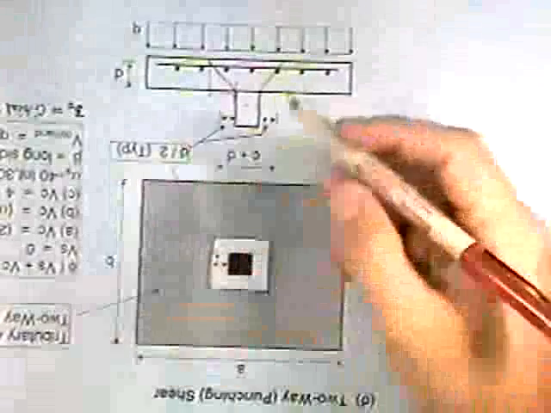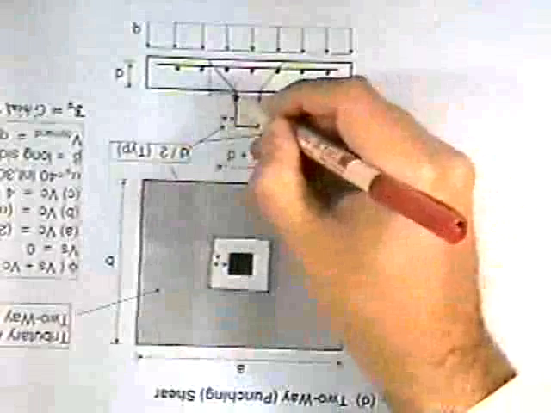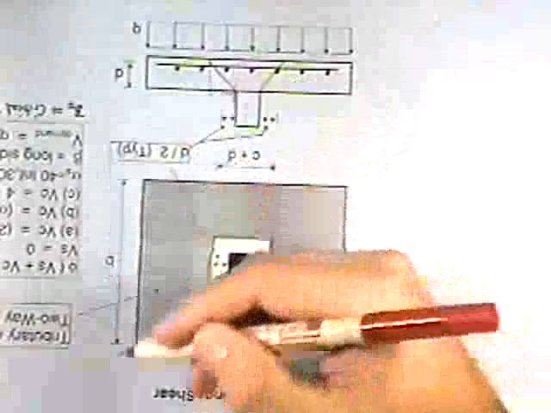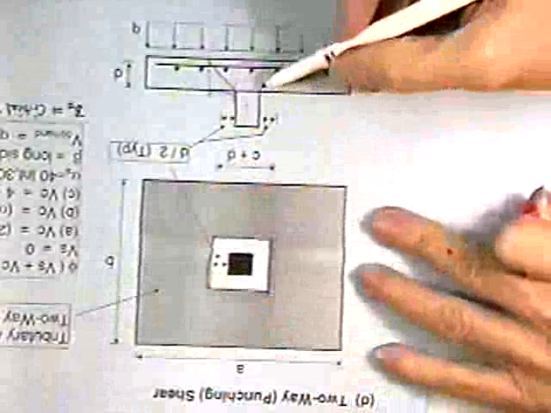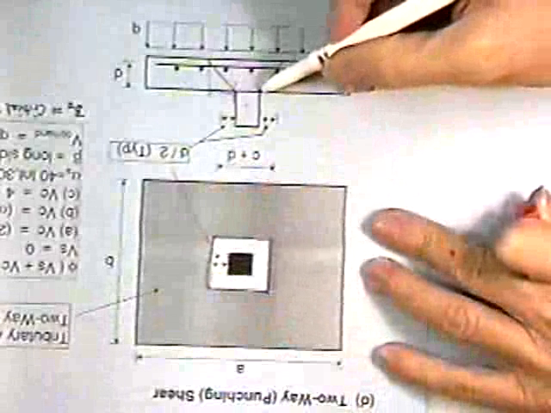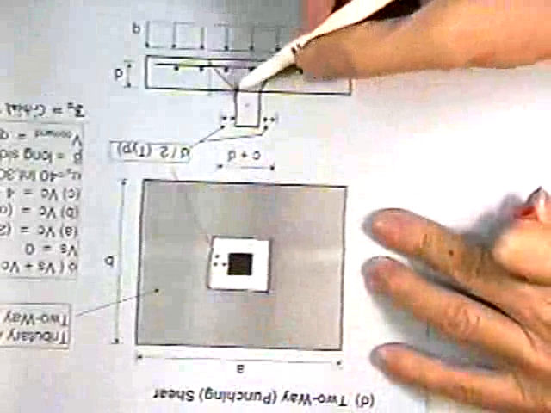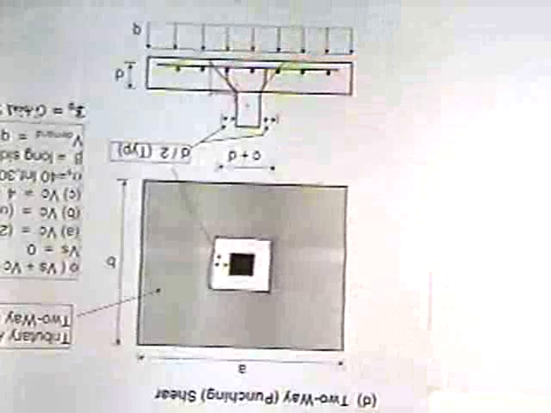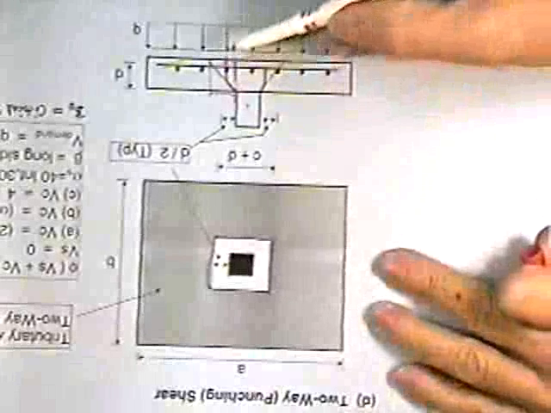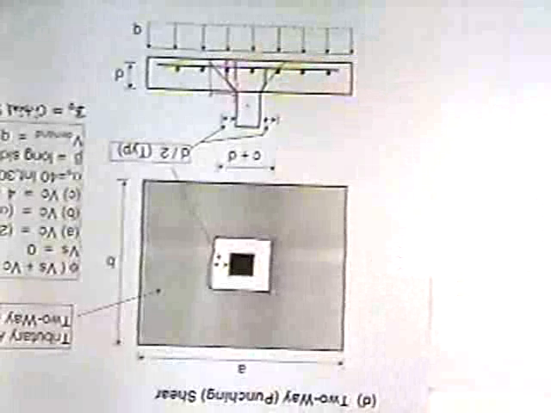From experimental data, they found that the distance was no longer d, but d over 2. The way they show that on the pictures is not really coming out at 45 degrees, but kind of 45 and then like that, so that this distance right there was d over 2 instead of the full d.